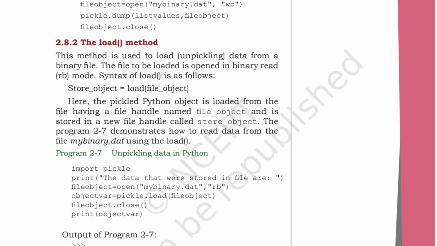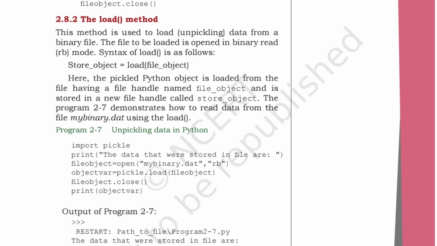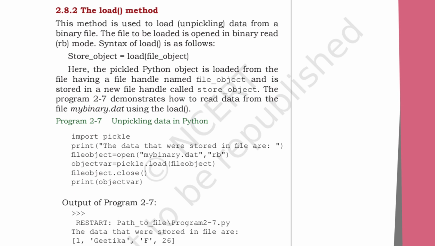So over here we are using the file format and storing it in a new file handle called the storing object. Import pickle, then file object opens mybinary.dat with rb, that is read binary, then object where pickle.load(file object), file object.close, and print object where.